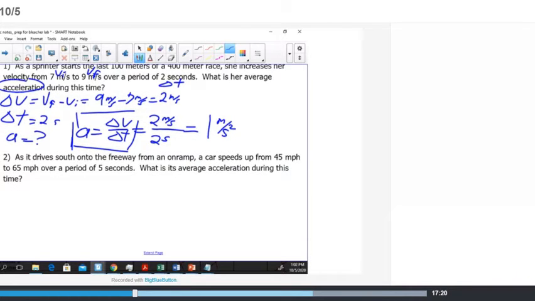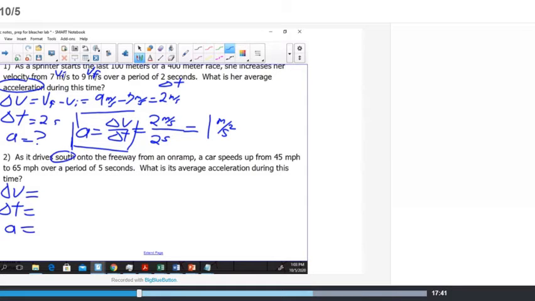Let's do another one. Again, first thing I want you to do is write down the variables in our acceleration equation. Now let's look at our problem and see what we can identify. Driving south. Well, there's something key.